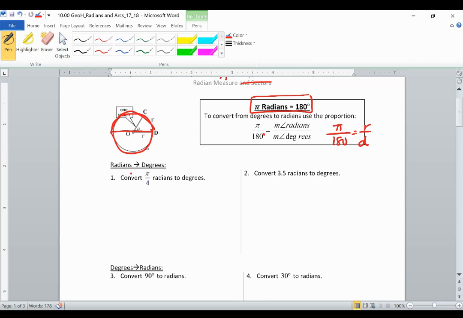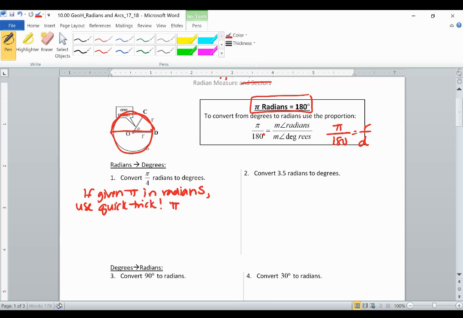So let's start. We're going to convert from radians to degrees. Now, these ones we actually have a quick trick for. If you're given a pi in radians and asked to convert to degrees, we're going to use our quick trick, which is that we're just going to substitute in.